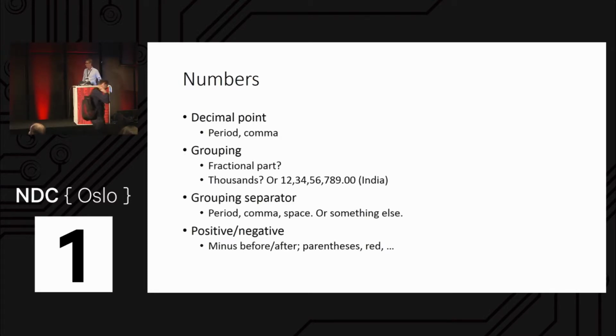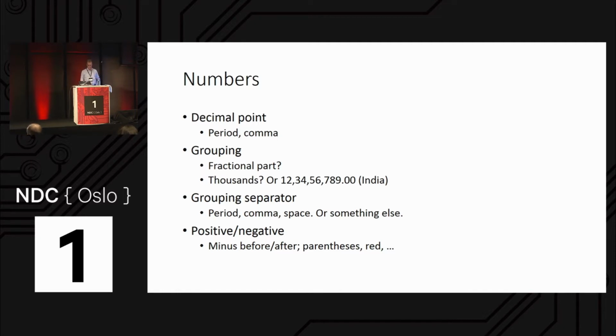Next up, numbers. We have decimal points in various formats. We are used to the comma in Norway. We have the period in English. Then we have grouping. We don't group the fractional part of a number. If you write the digits of pi, then you just write each digit after the other. But there are cultures where they actually do that. And on the whole number part, we do group. We group by thousands.